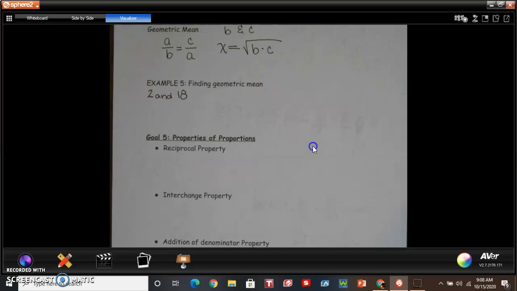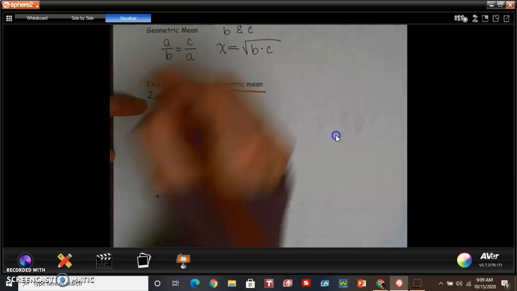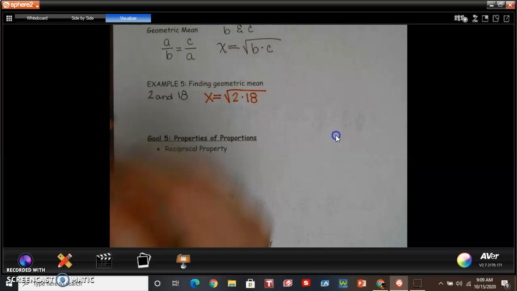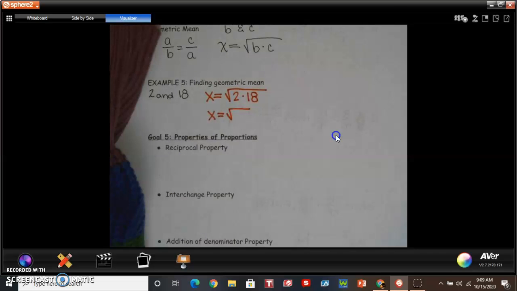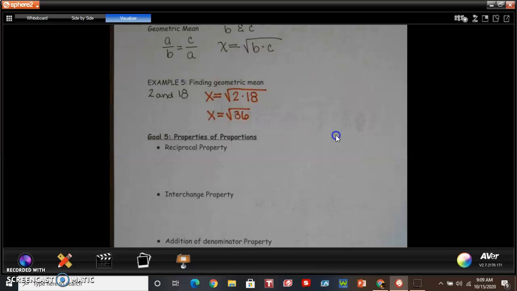All right, so let's do an example. Let's find the geometric mean of 2 and 18. So this means we're going to say, okay, x is equal to the square root of our two sides, 2 times 18. All right, so x is equal to the square root, and then 2 times 18 equals 36. Well, luckily 36 is a perfect square.